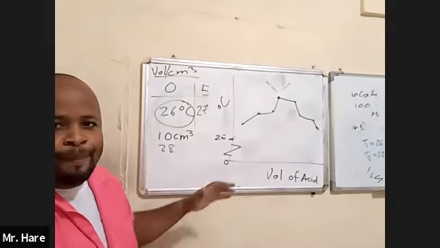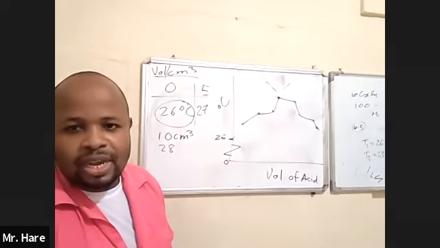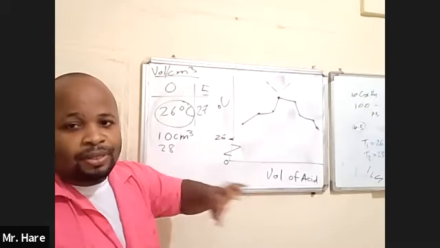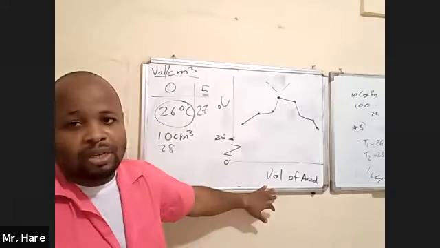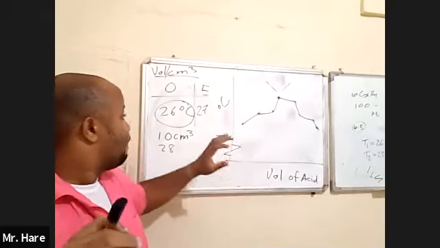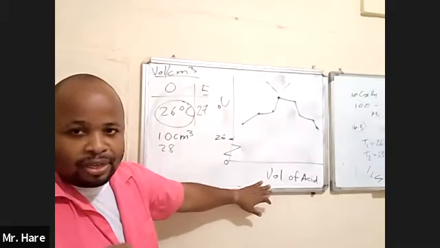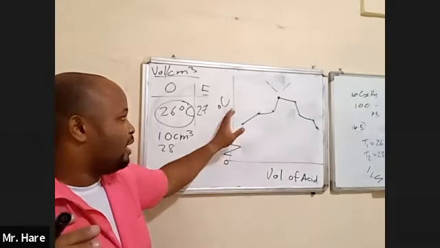How do we know which goes on the x-axis again? The dependent variable goes on the y-axis, the independent goes on the x. So based on the amount of acid that you're adding, it will change the temperature reading that you're getting.